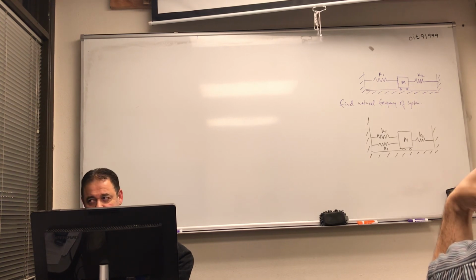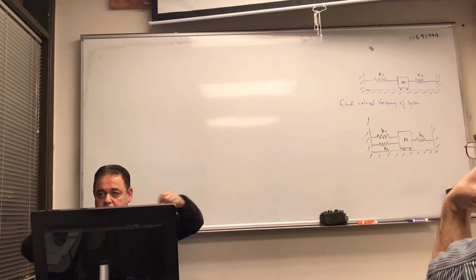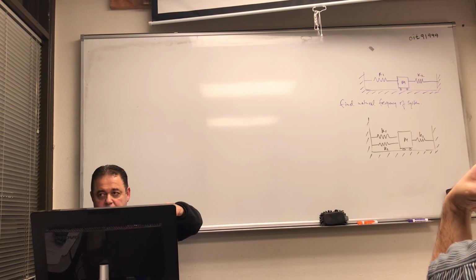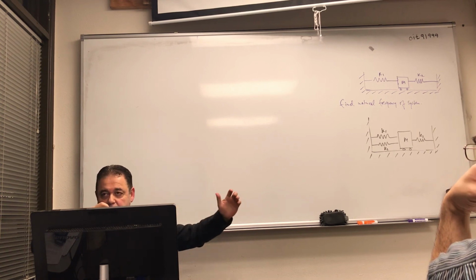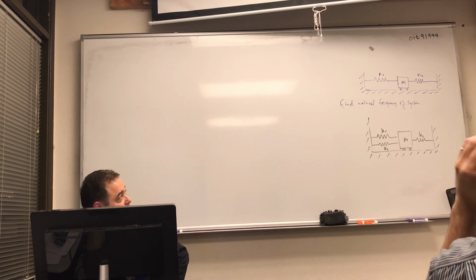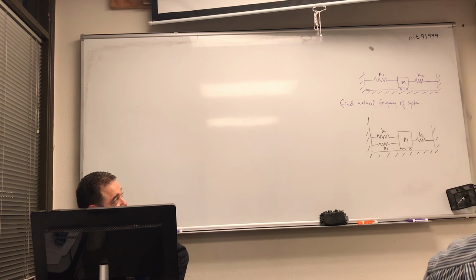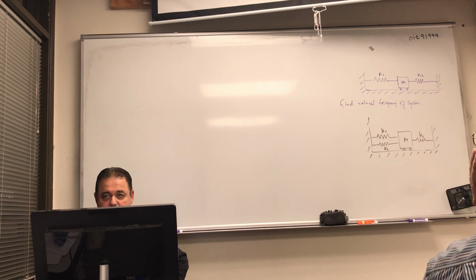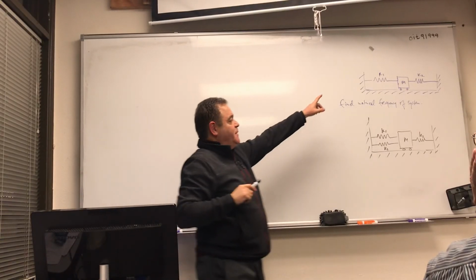They're not, because they're on either side. Remember what springs in series are: one is the end of the other. If there's a mass in between, it does the same thing, but this one is fighting both. It's almost like in electricity, this is the ground, if you will.